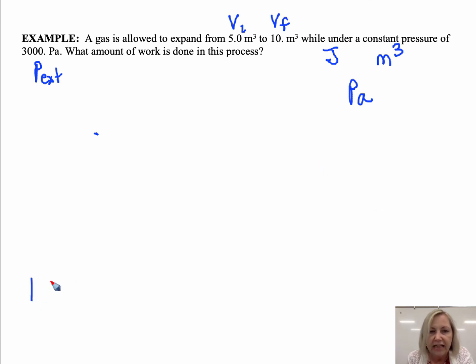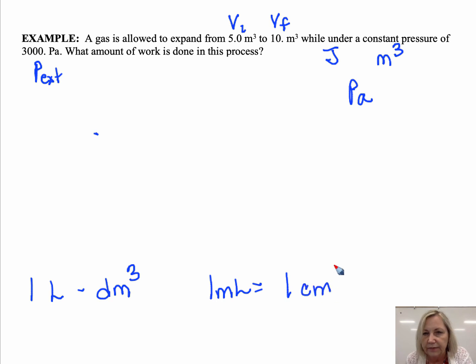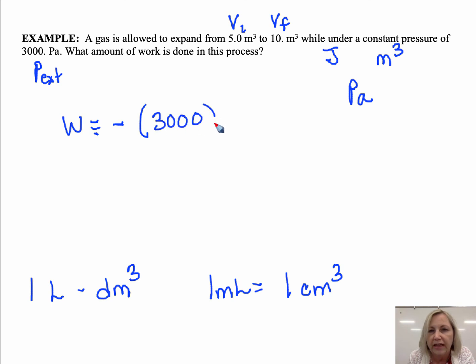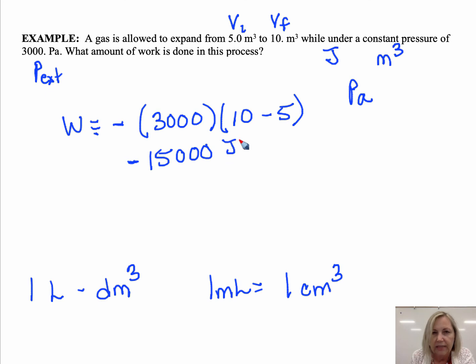To contrast that, 1 liter is a decimeter cubed, 1 milliliter is a centimeter cubed. I'm doing this calculation in meters cubed, so I'll end up with joules. So my work is going to be equal to minus my external pressure, which is 3,000, times my final volume minus my initial volume. And that's going to give me minus 15,000 joules, or minus 15 kilojoules for my work there.